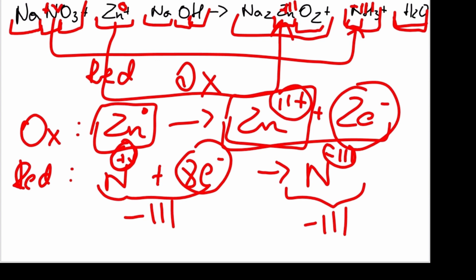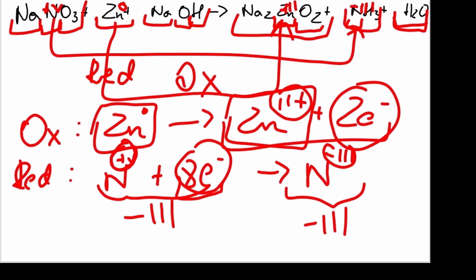Okay, so what we need to do in the next step? We need to balance the electrons between these two half-cell reactions. In the oxidation reaction we have 2 electrons, in the reduction reaction we have 8 electrons. One atom of nitrogen consumes 8 electrons.